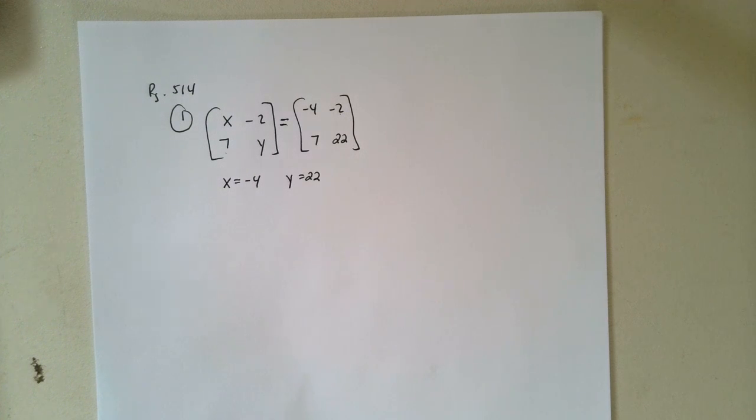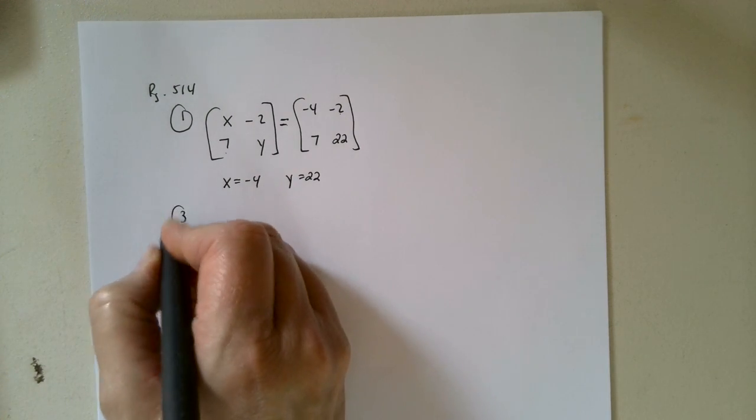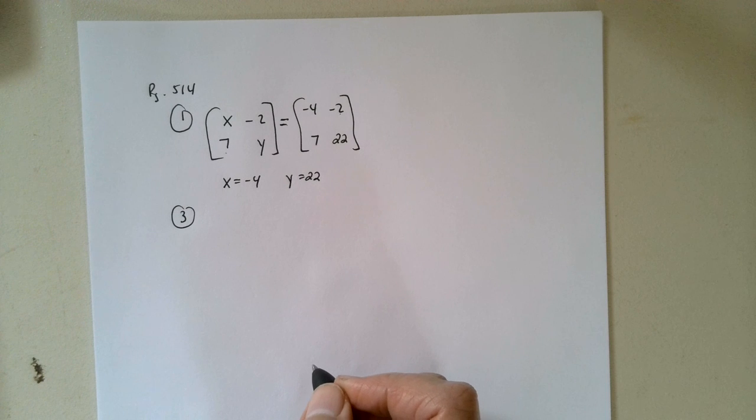If they're equal matrices and they're in the same location in each matrix, then they have to be equal to each other. So if you look at number 3, we have 3 by 4 matrices, and on the left side we have all the numbers.